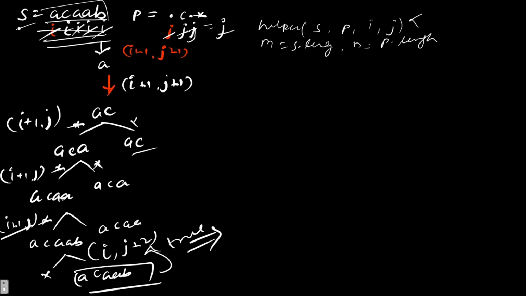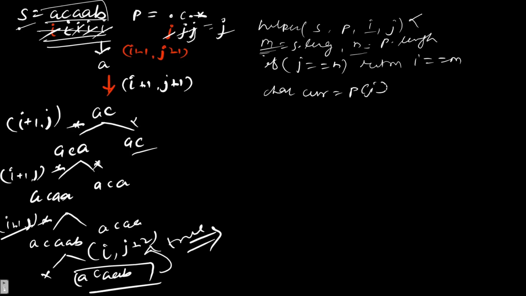Okay, and then we will be checking the corner cases: if any of I or j is reaching the last index, then we have to return true or false based on that. So if j is greater than or equal to n, we will be returning whether I is equal to m or not. Okay, now we are checking the current character equal to the current character of p, so p dot j.